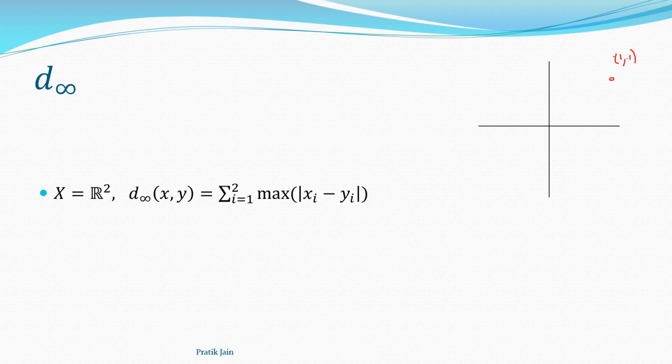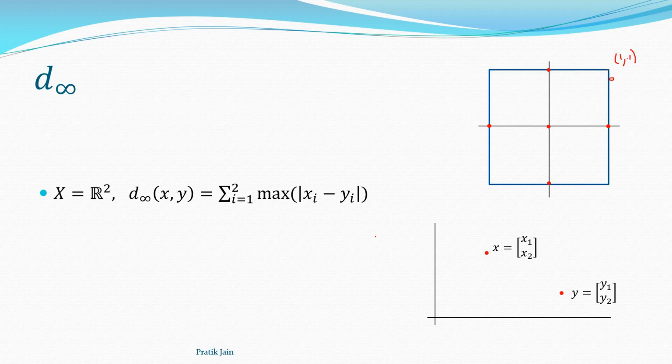So you just take max of 1 comma 1 and you get 1, and hence this is also inside the unit distance. So for this you get a square. So all the points on this square are unit distance from the center, all the points, right? So this is also very important.